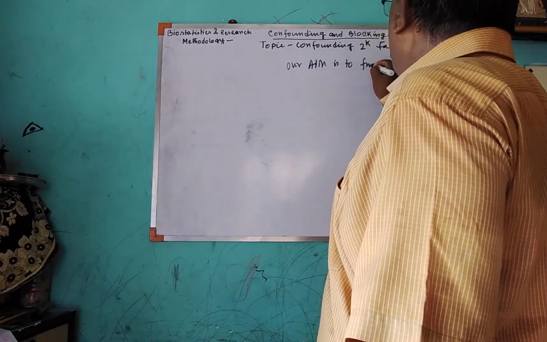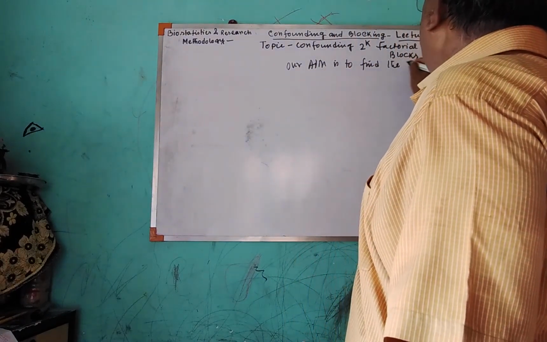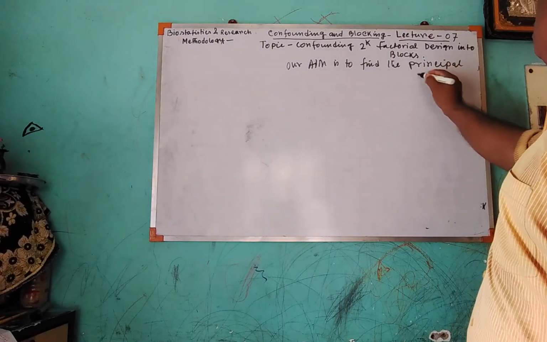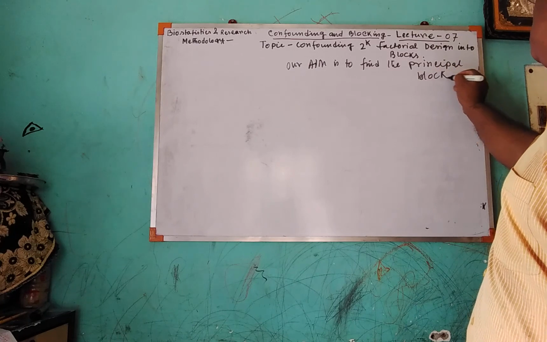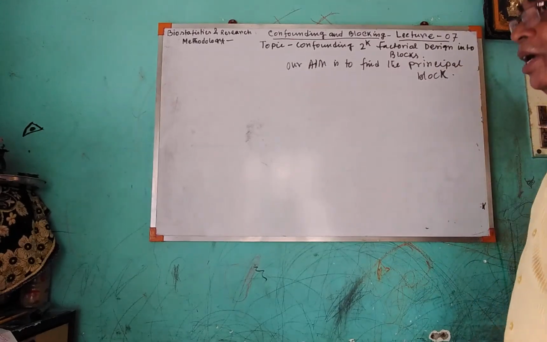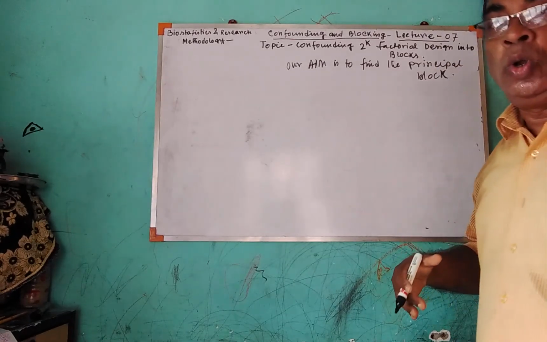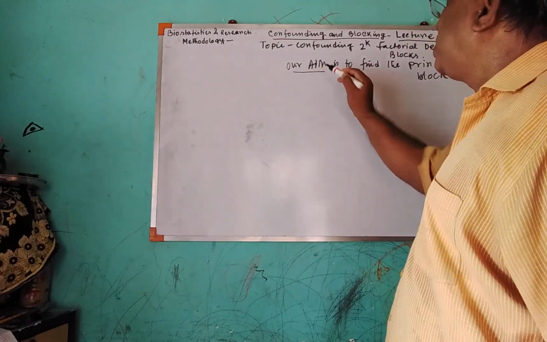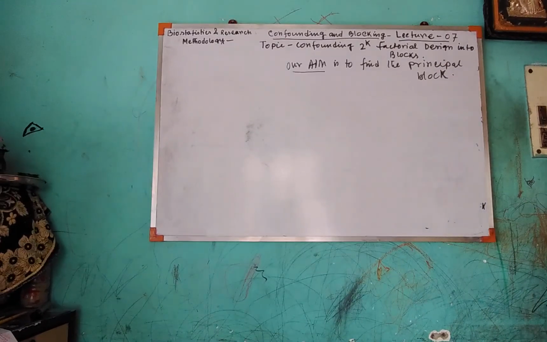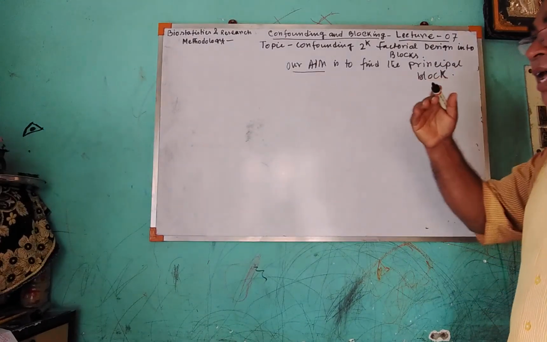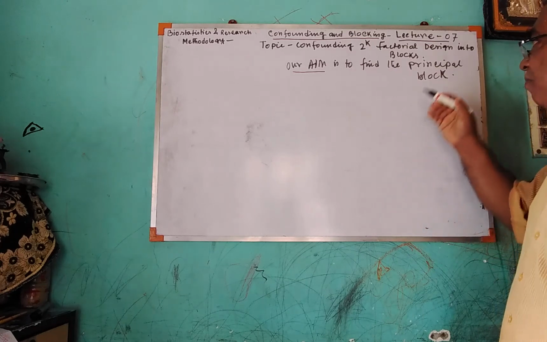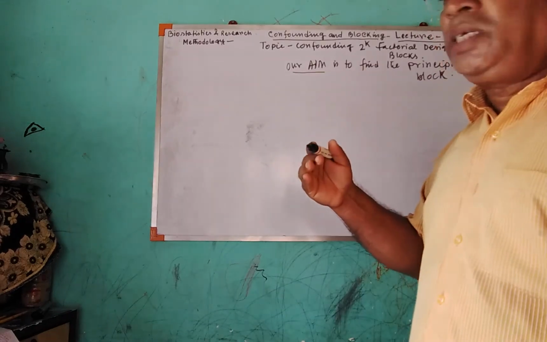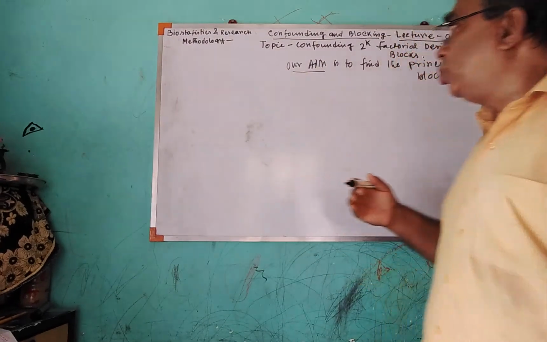If we get the principal block, then other blocks we can find by using the multiplication rule. So our first aim is to find the treatment combinations in the principal block.